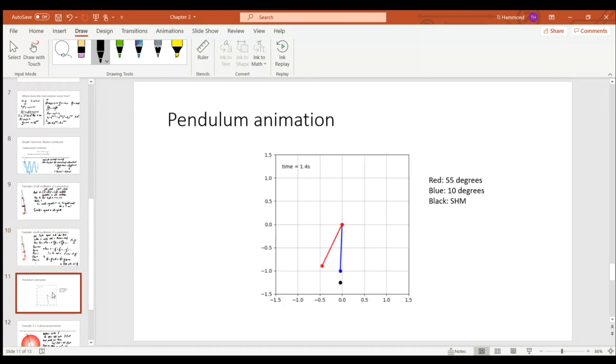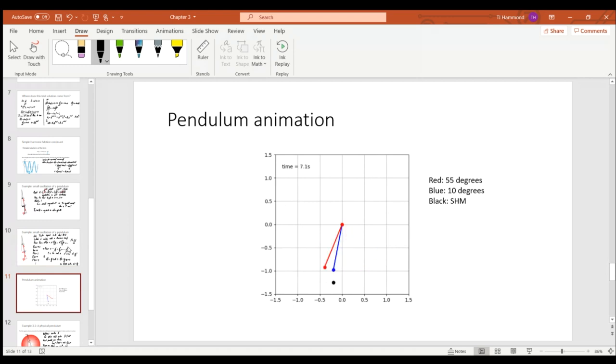Here's a little animation of a swinging pendulum. In blue, we have a simple harmonic motion with a 10-degree starting point. In red, we have a pendulum swinging from 55 degrees. And in black, we have simple harmonic motion.